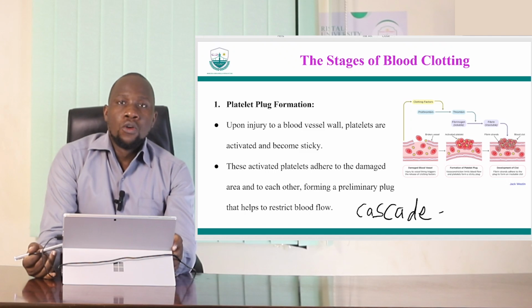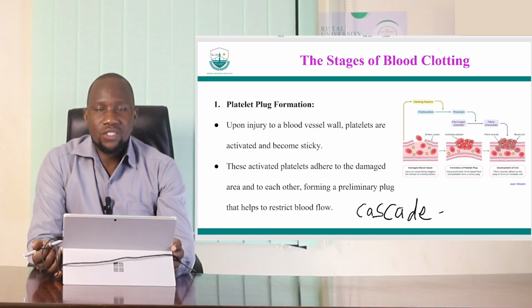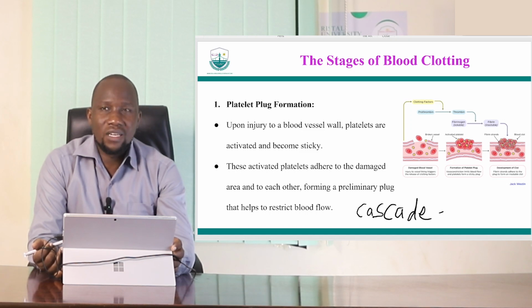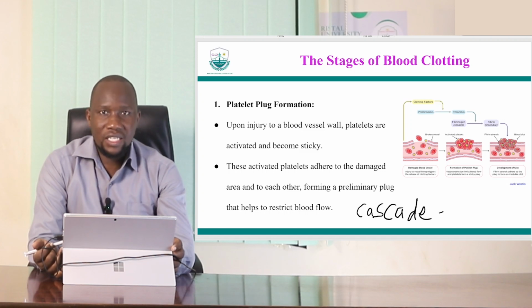Okay? So, from the first point, when a blood vessel is injured, that means that the blood vessel wall is exposed. The exposure of that blood vessel wall will result in release of chemicals that will attract platelets.